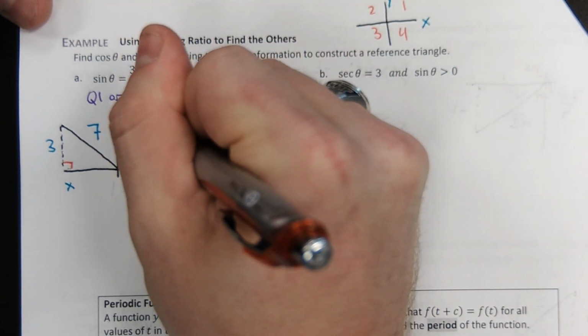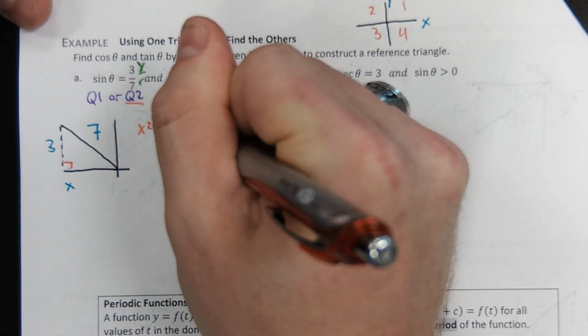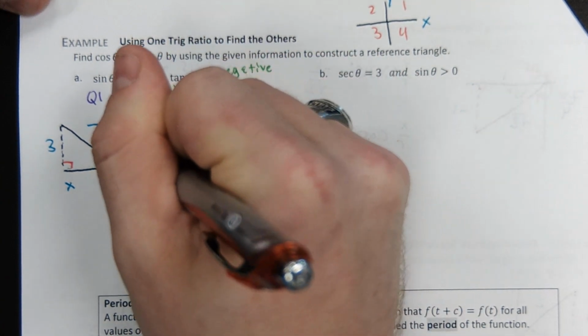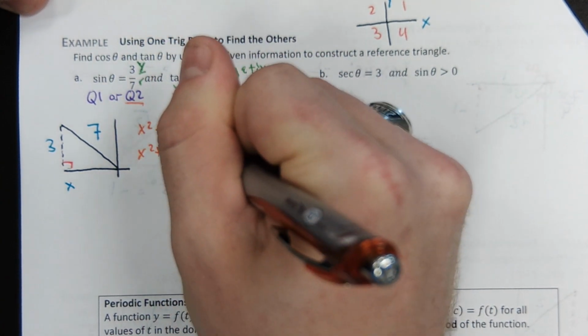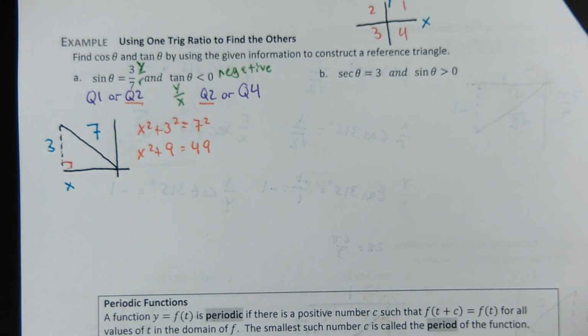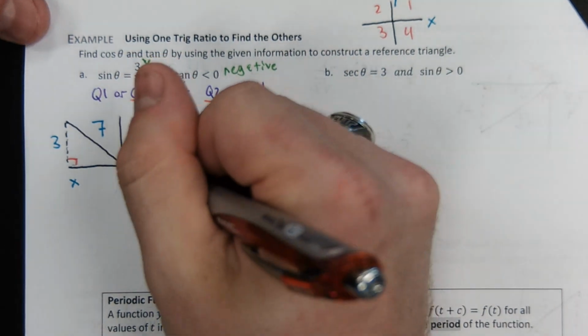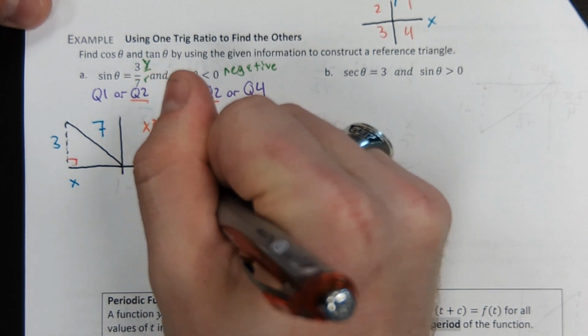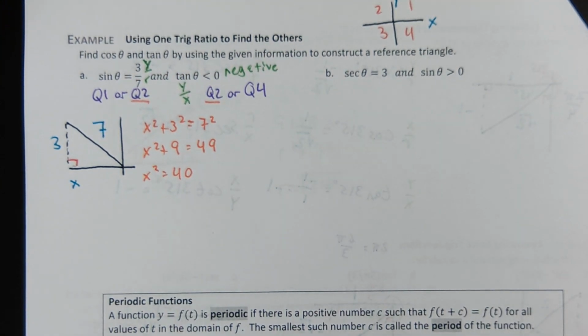X squared plus 3 squared equals 7 squared. Subtract 9 from both sides, and we get that x squared is 40, and we're going to take the square root of both sides. We're not going to say plus or minus. We're in quadrant 2.